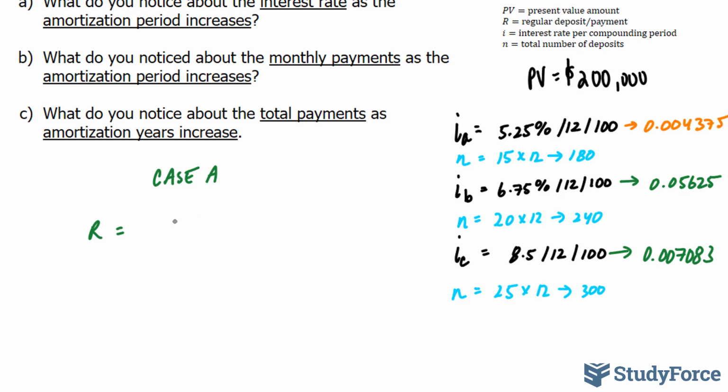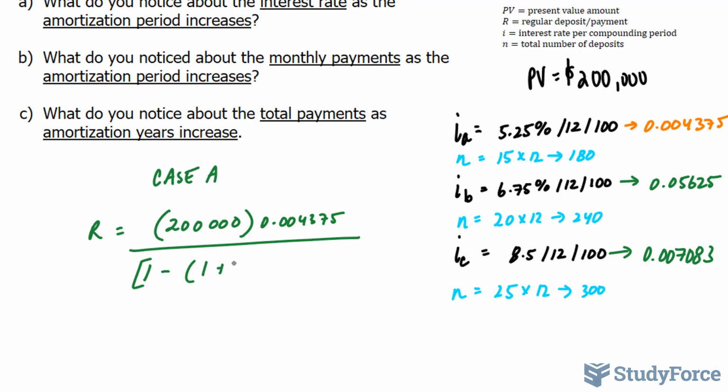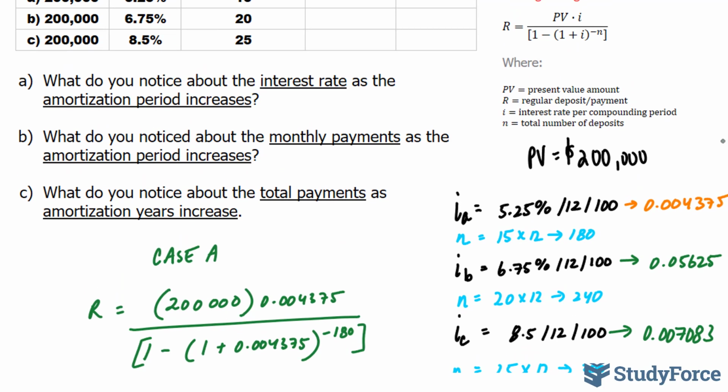So for case A, we have R, which is representing our payments every month. And at the top, we have our PV, 200 times your I value of 0.004375 divided by 1 minus 1 plus this number to the power of negative 180. Now, in case you're confused, all I did was plug in everything I know into this formula.